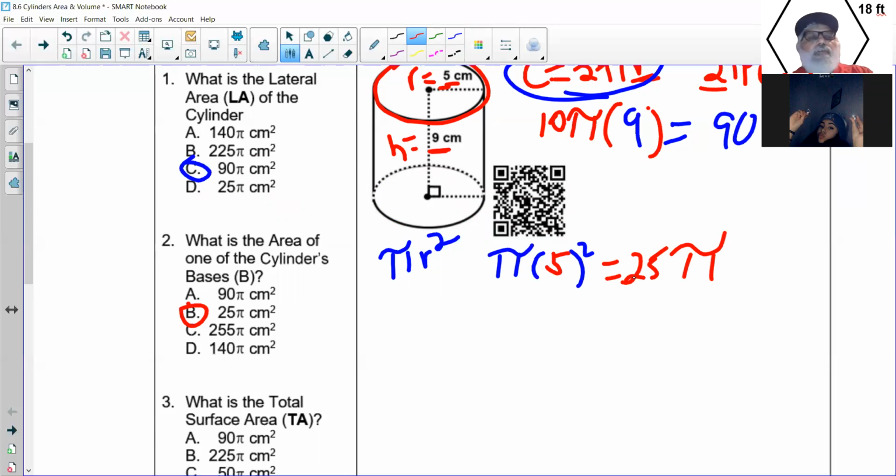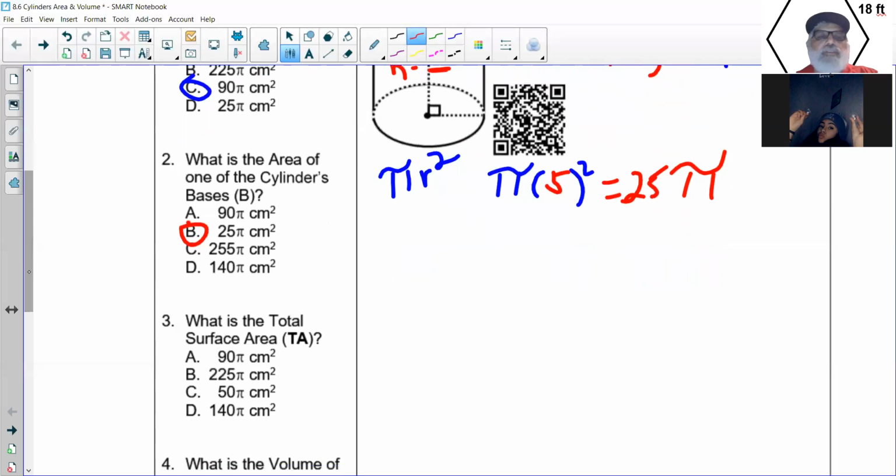And the reason why they have us do that is on the next question, we got to find the total area. And that's the same as last week. Lateral area, what we found on number 1, plus 2 times the area of the base, what we found on number 2.